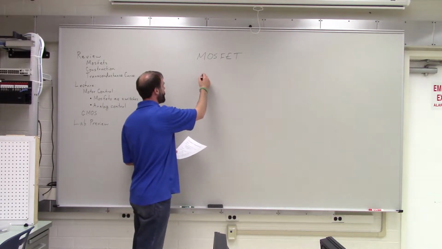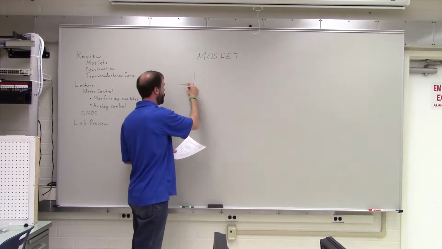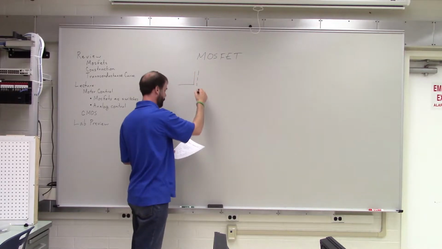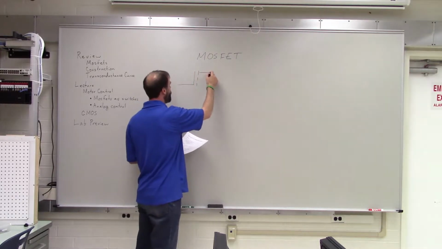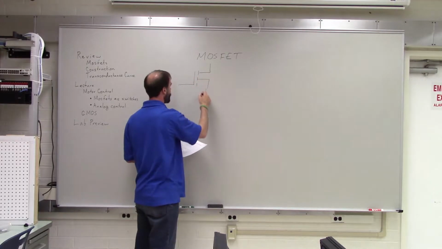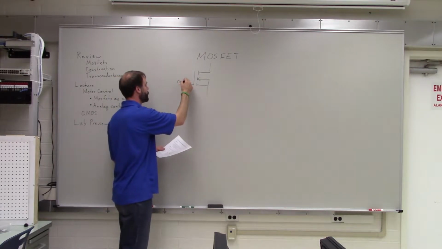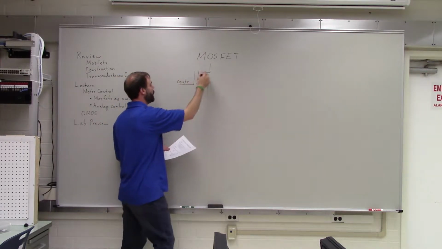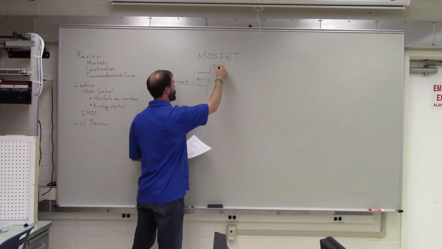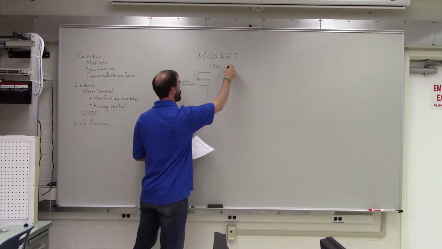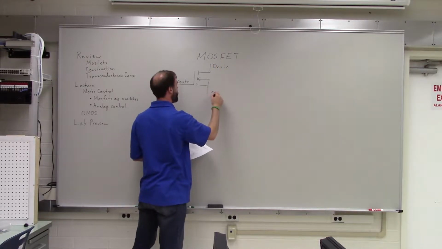There were several different types of MOSFETs. One of them was drawn like this. This is the gate. Drain and the source.